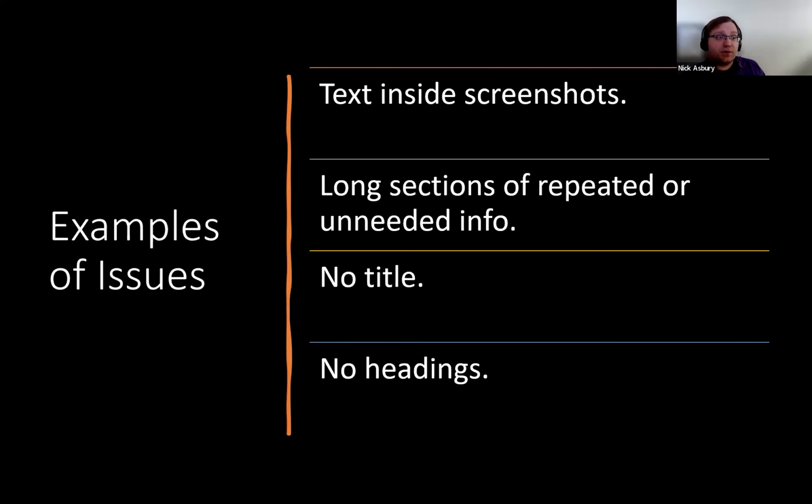Let's see. So examples of issues. Like I talked about, text inside a screenshot. That's a really, really common one, happens quite a bit. People will try to be helpful and say, here's this page, this is the page you're on, and as you can see, here are all the headings, and you don't say what they are in text. And so someone using a screen reader will just generally not know it's there.